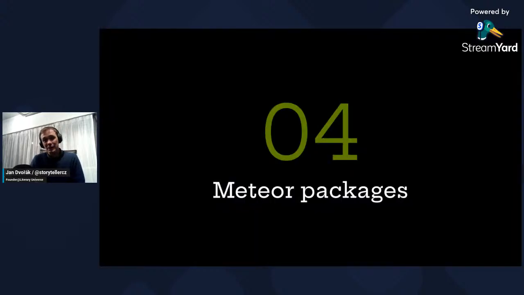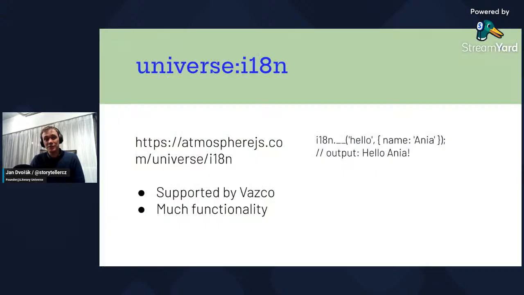So let's look at some of the Meteor packages. We have essentially three. First of all, Universe i18n, which is supported by Vasco, has a lot of functionality. On the right, you see a sample output. The good thing about this is that it's the same on both server and client side.